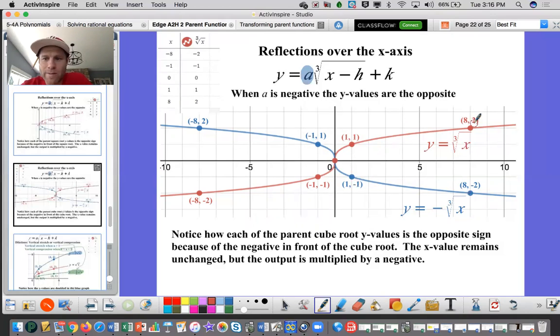And this 2 will then be a negative 2. So you can see how it's still on the same x plane, still at 8, still plugging in 8 and getting a negative 2 now because of that negative sign right there. So that is the leading coefficient in front of a radical will reflect the y. It will change the y to the opposite sign, reflecting it over the x-axis.